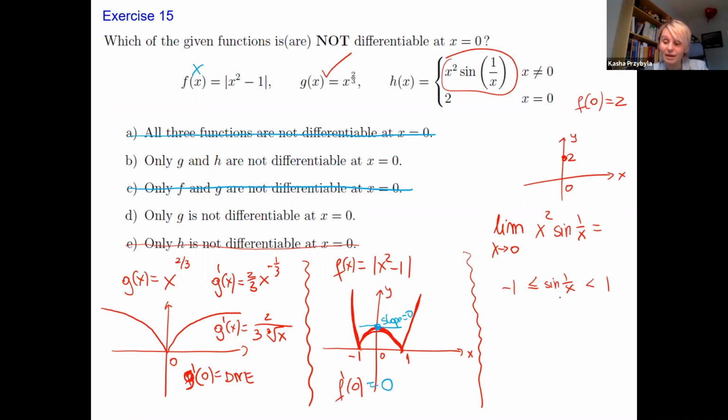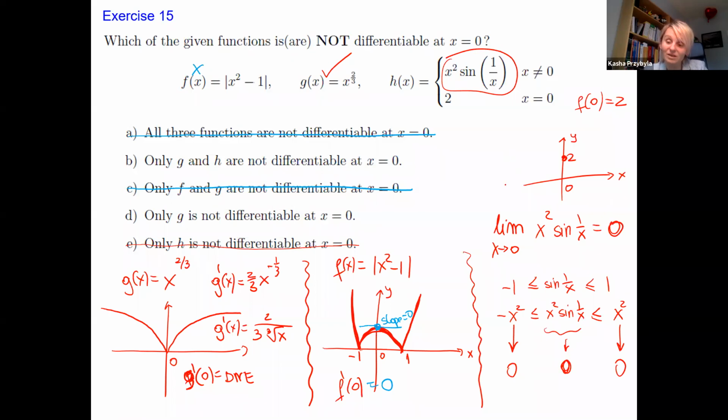Then I will multiply each part by x squared: -1 times x squared, the middle part times x squared, and 1 times x squared. As x goes to 0, the upside down parabola goes to 0, the parabola opening up goes to 0, which means the middle function is also 0.